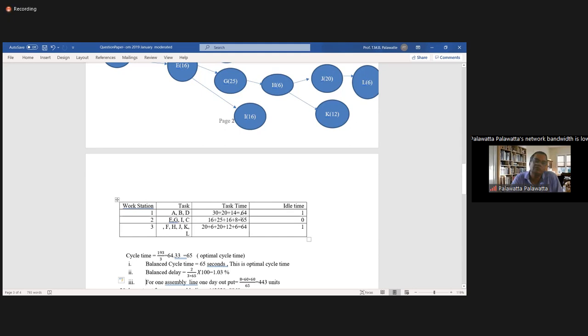And then, out of these, the workstation times are 64, 65, 64. So the maximum one is 65. This is the cycle time. And then for this 65 cycle time, what are the idle times? 65 minus 64, this is 1, and 65 minus 64, this is 1.